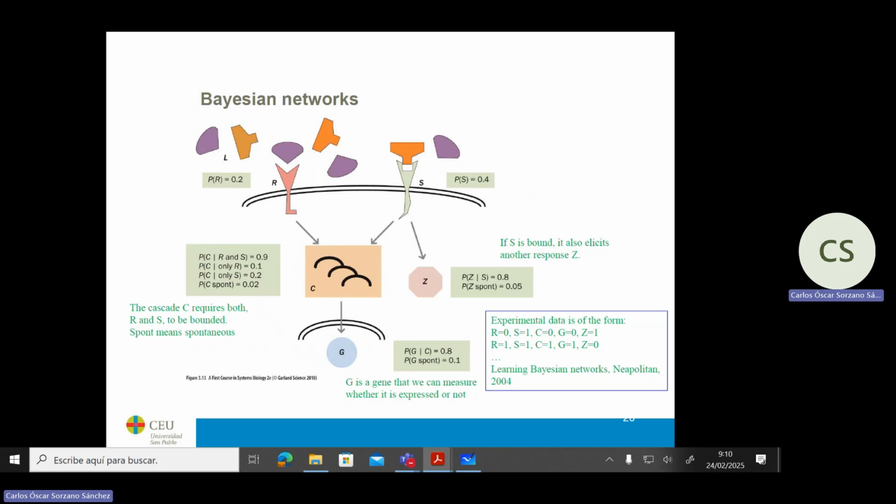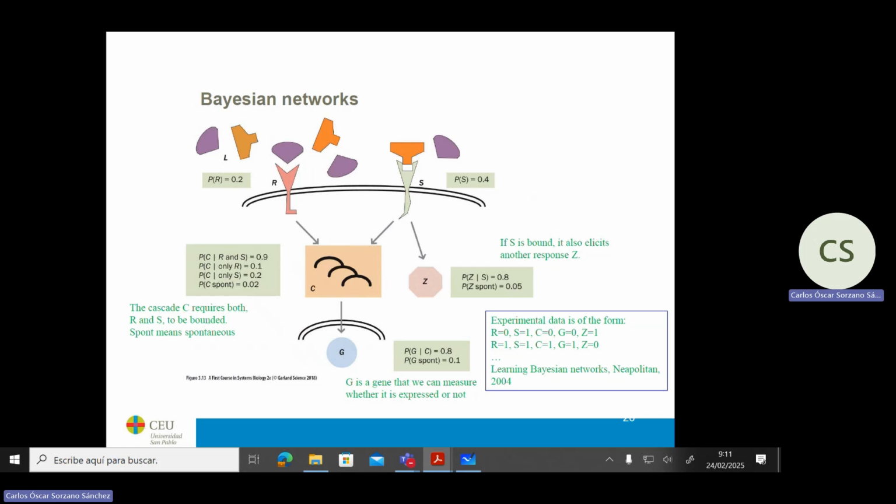How do we estimate the probabilities? And then here you have the solution. You have to measure. You take a snapshot of cells, and then you measure: is R occupied, is S occupied, and what is C? Is it active or not? What is G?